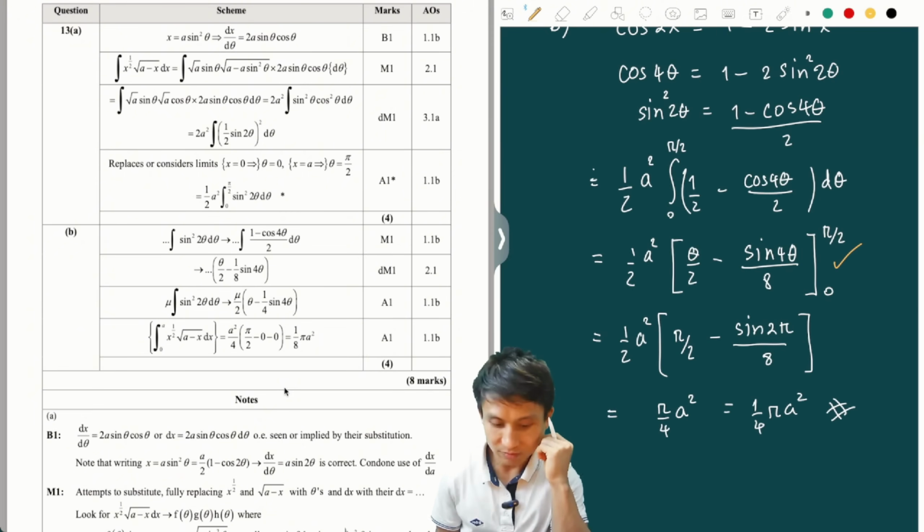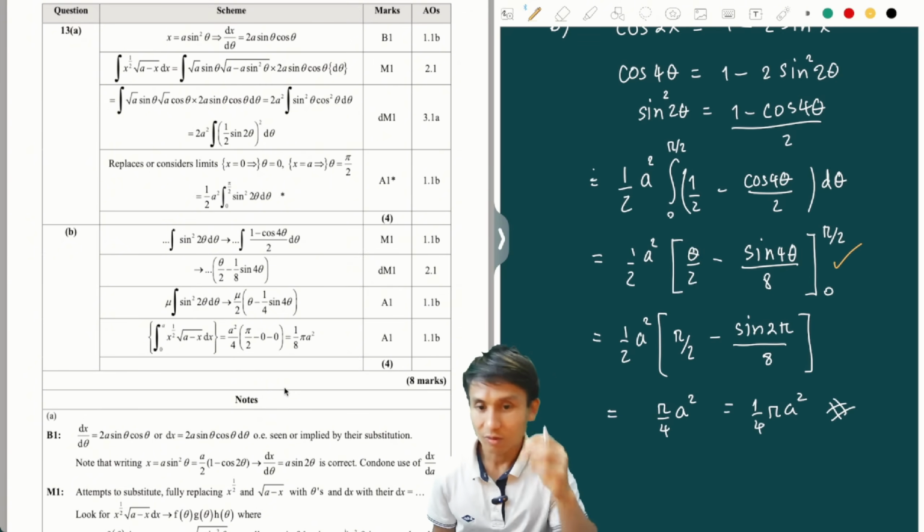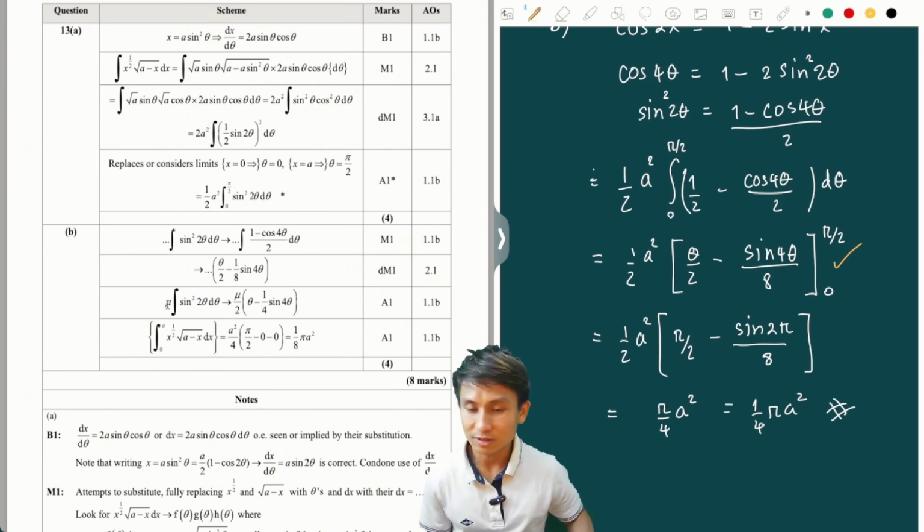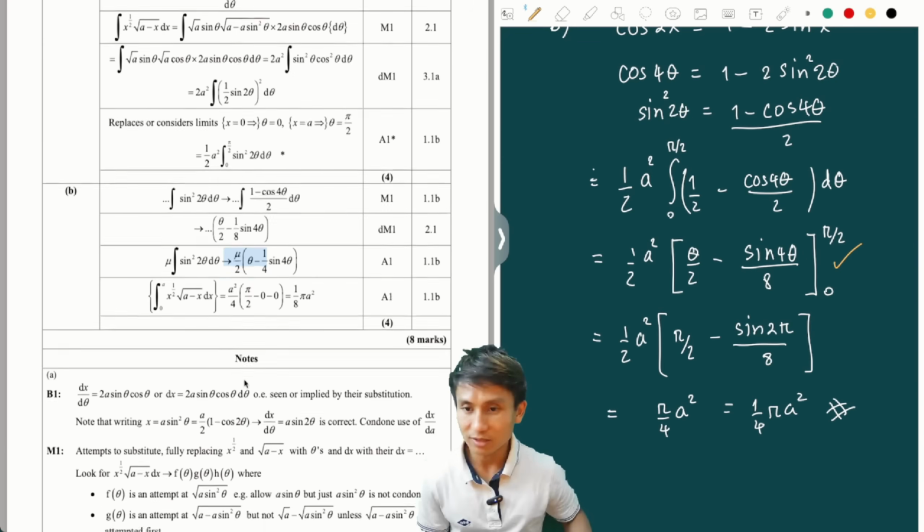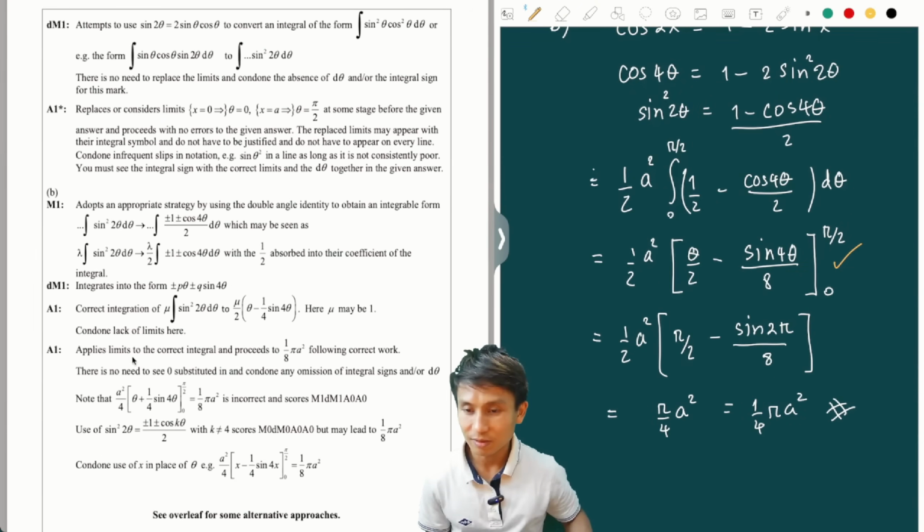Don't you have to just substitute the bounds in? And the bounds being 0 to pi/2. Interesting. I'm not sure if I get this mark right here. So A1 here, let's see. B, correct integration. Here mu may be 1, condone lack of limits.